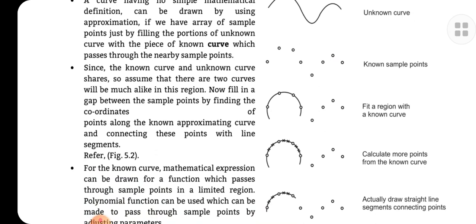Since the known curve and unknown curve share these points, assume that the two curves will be much alike in this region. Now fill in the gap between the sample points by finding the coordinates of points along the known approximate curve and connecting these points with line segments.